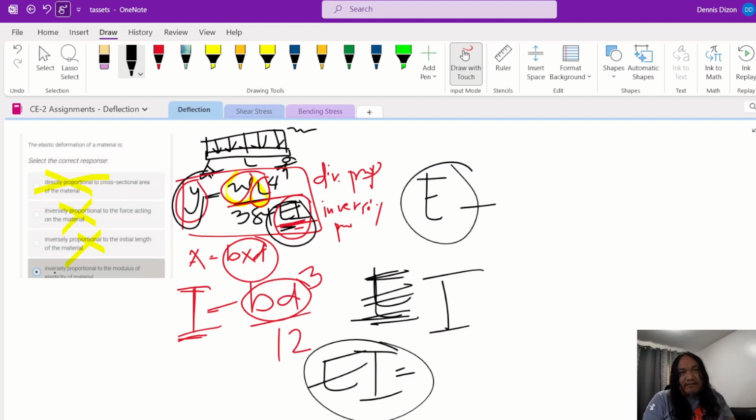What is deflection or elastic deformation, what is the moment of inertia, modulus of elasticity, or flexural stiffness. So you just have to be familiar with all those notations, and then of course remember the formulas. Then you should be okay.